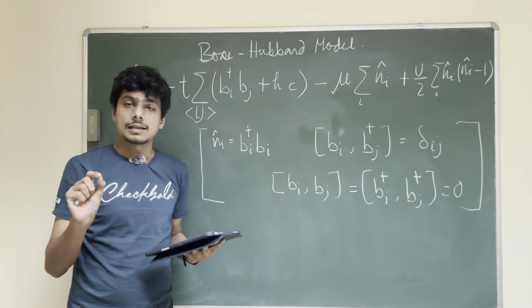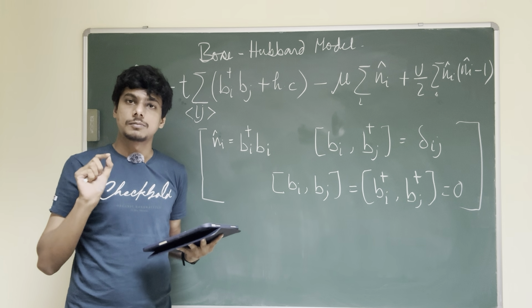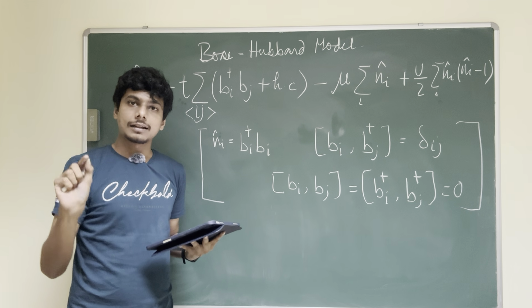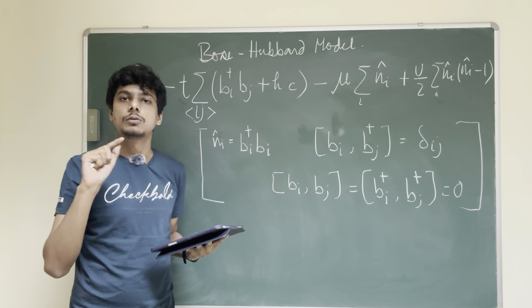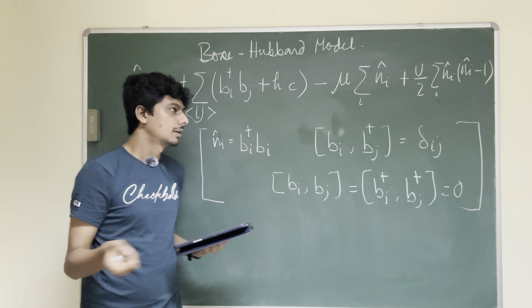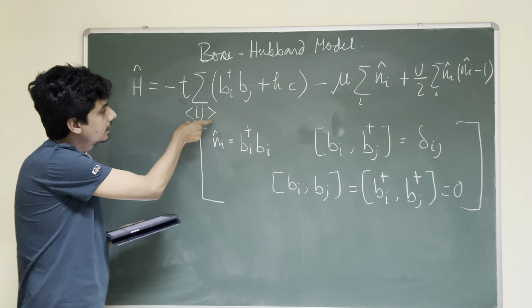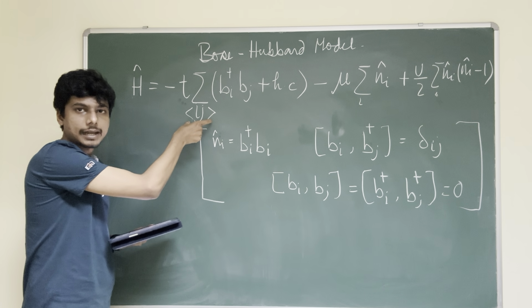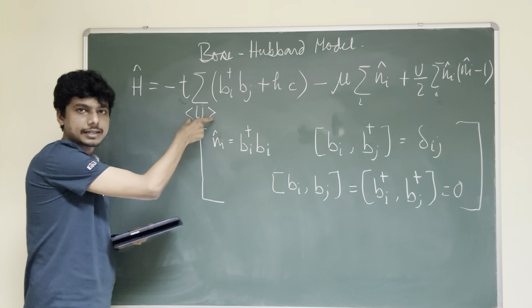We just constrained the model so it can hop only between the nearest neighbors. This is our restriction, which is implemented here in this angular bracket, which means it's a nearest neighbor index.